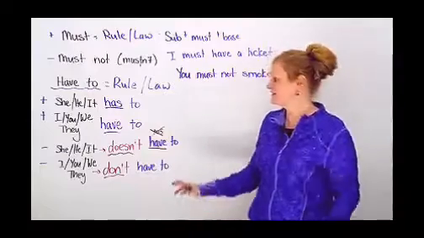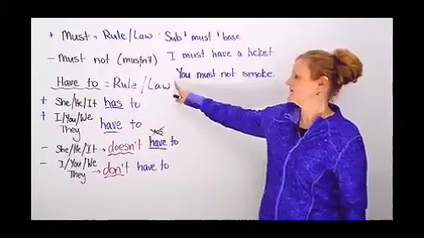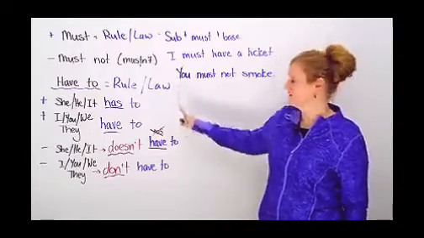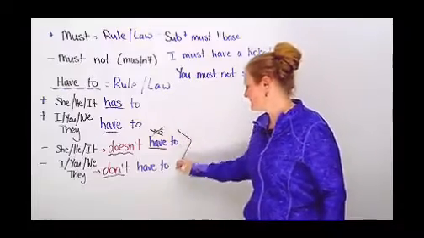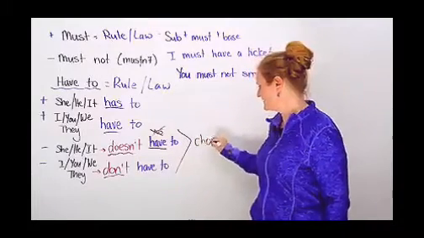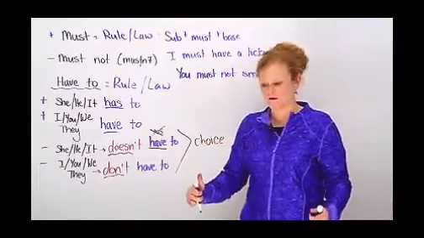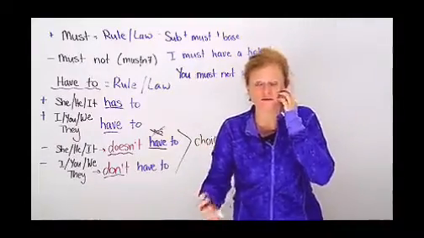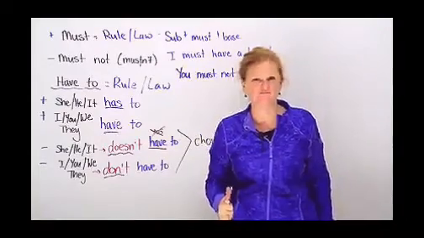So the difference is, this kind of grammar is very different from a rule or a law. This kind of grammar, and this is fun, is basically your choice. Oh, it's your option. If you want to, you can.